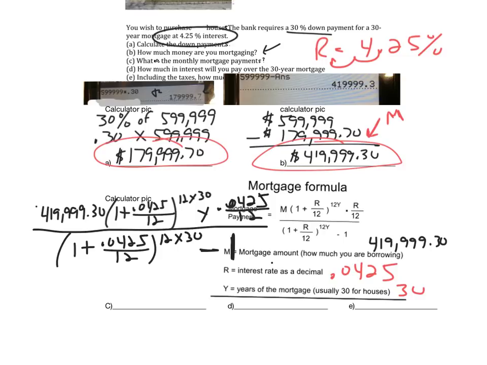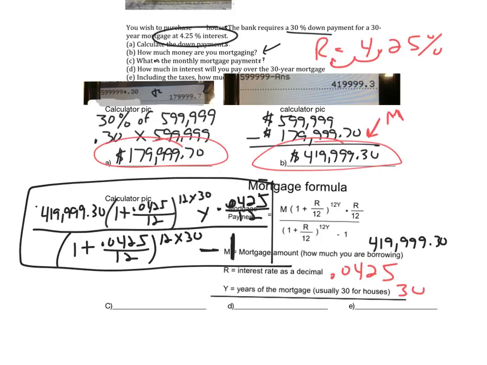Take a moment, enter this expression into your calculator. So we'll plug this in and figure out how much the bank is charging for the Massapequa house, not including taxes.